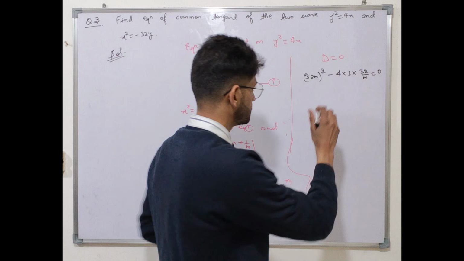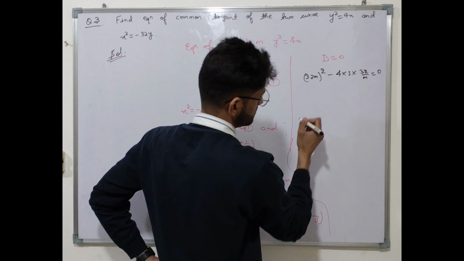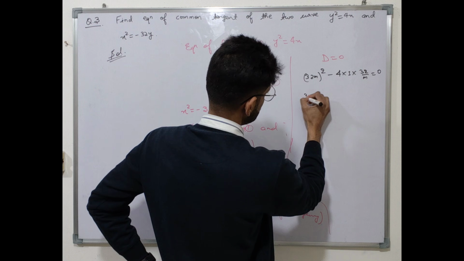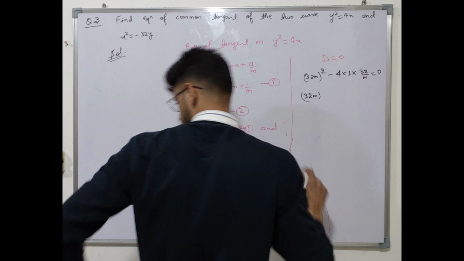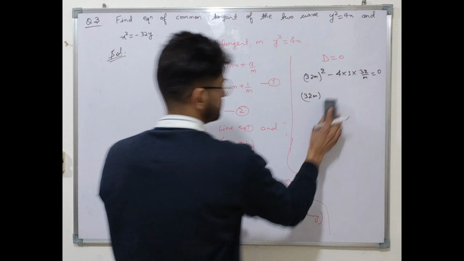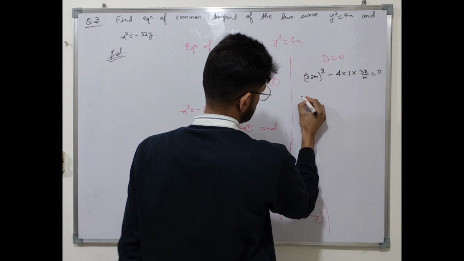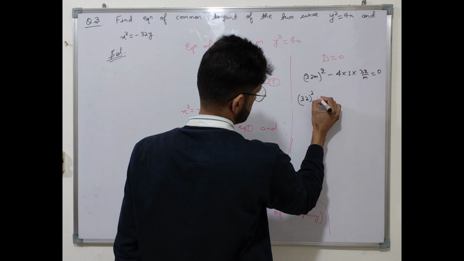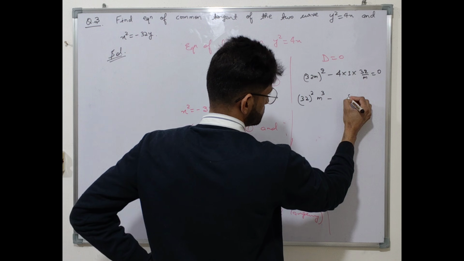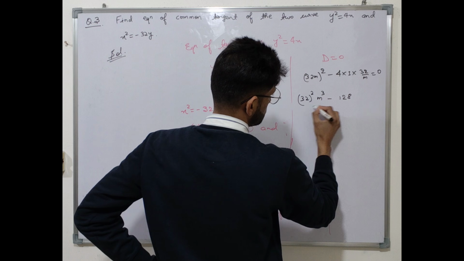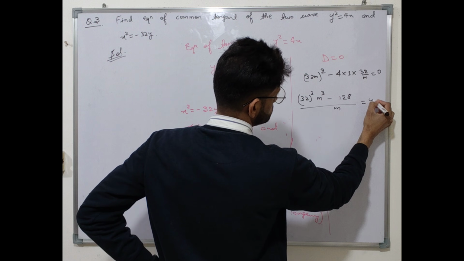So in that case, we need to put D equals to 0. On simplification, we can write 32 whole square into m cube minus, 4 twos are 8 and 4 threes are 12, upon m is equal to 0.